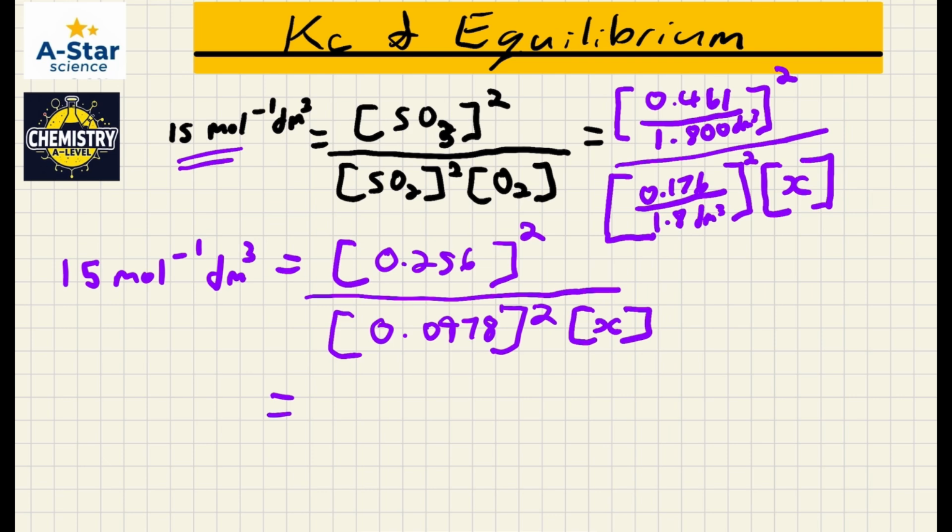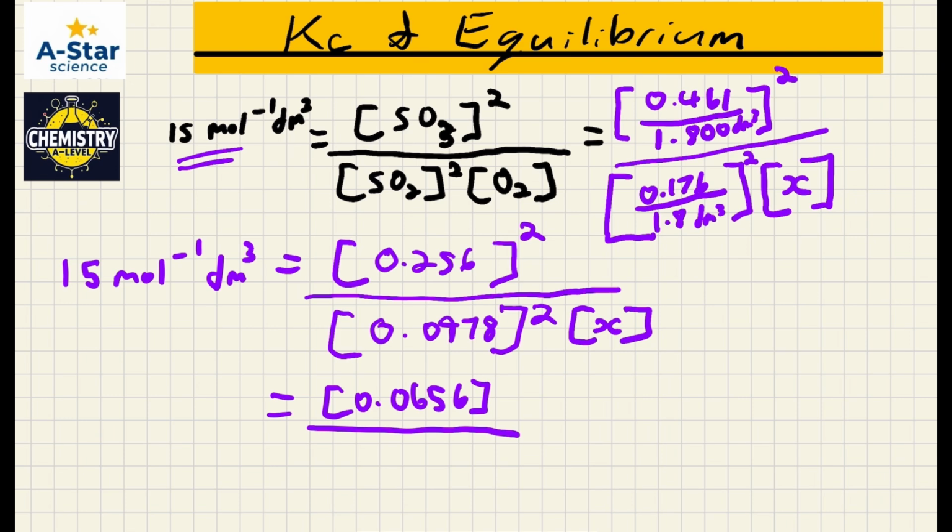From the calculations we had 0.256 squared. If I do that on my calculator, I'm going to get 0.0656 all over 0.0978 squared.